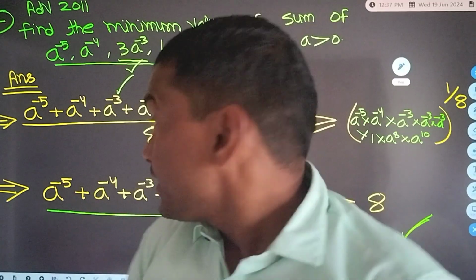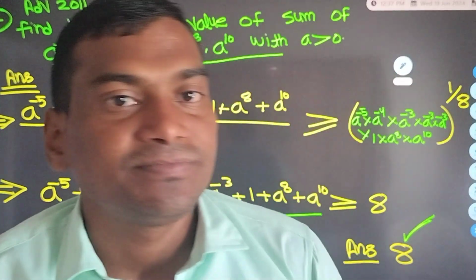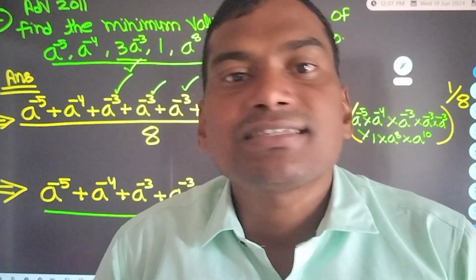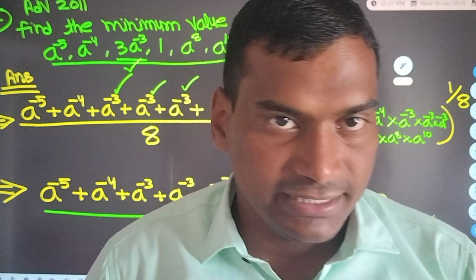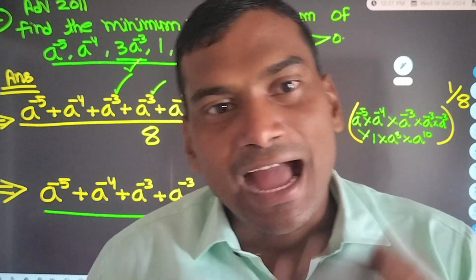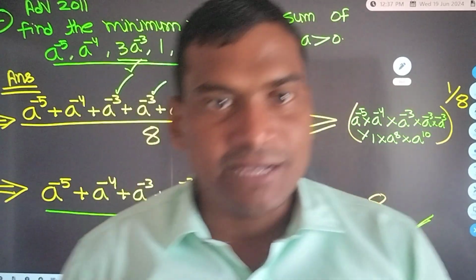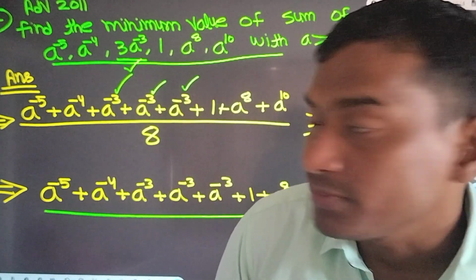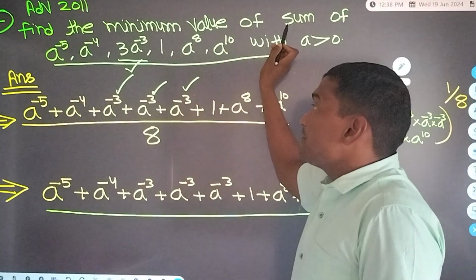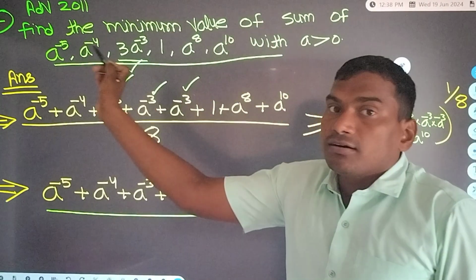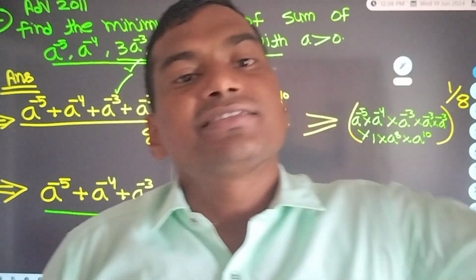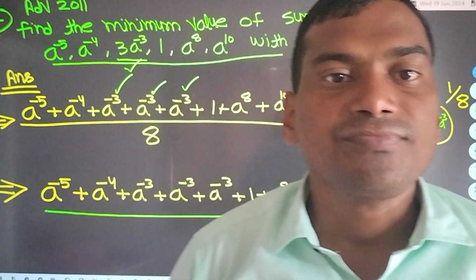But in AM-GM inequality, you see that on either one side we make it constant. Either the AM side or the GM side we make constant. See, this side they are asking the minimum value. That means the AM side we cannot make constant, because on the AM side there will be the summation of all numbers.